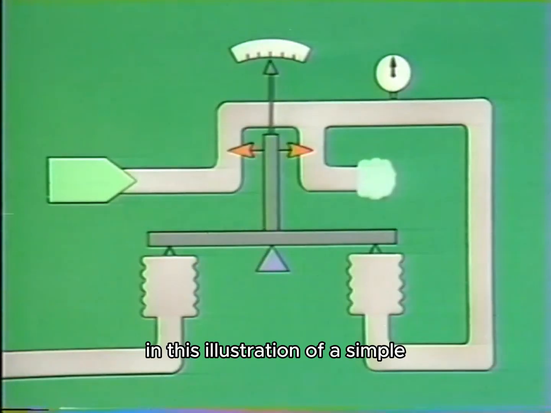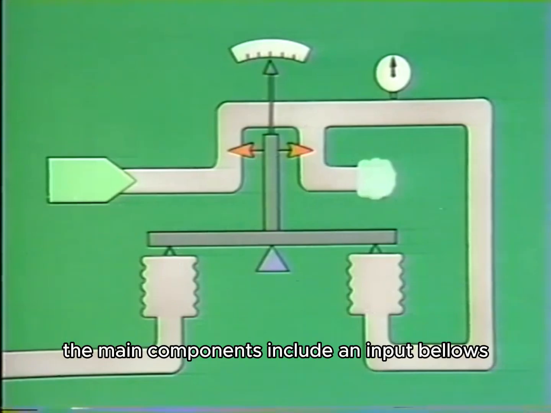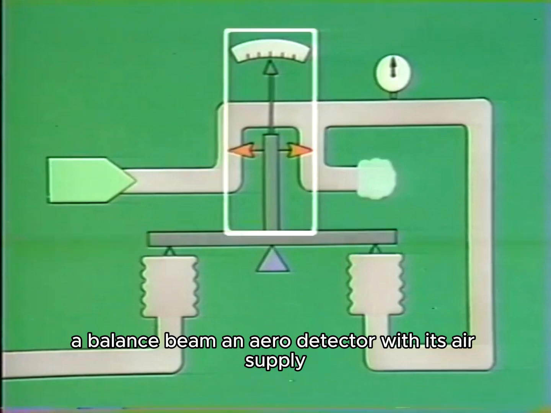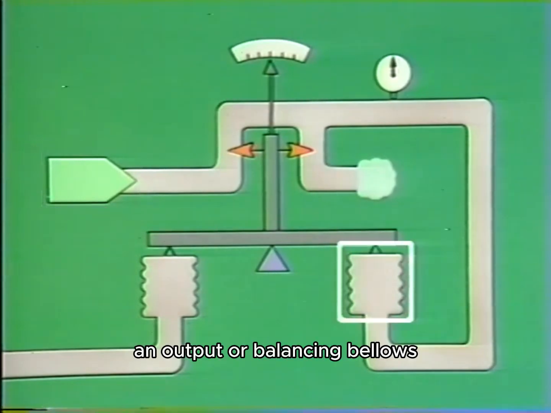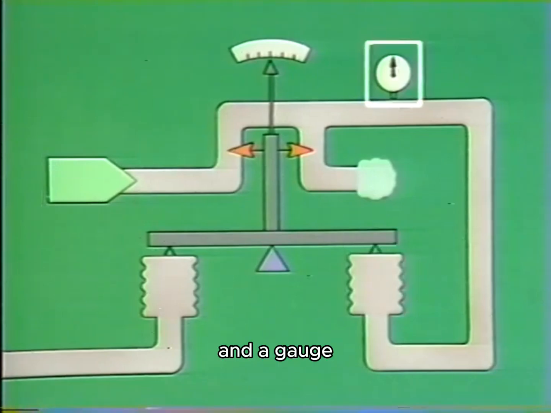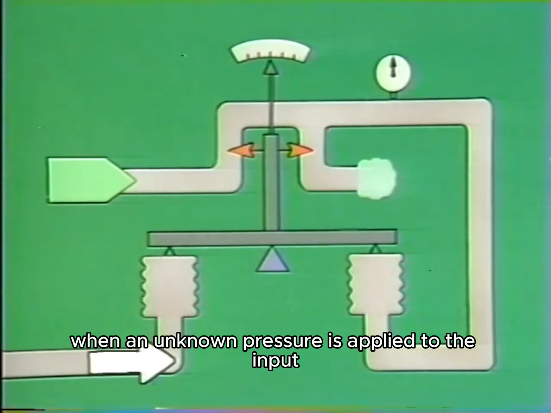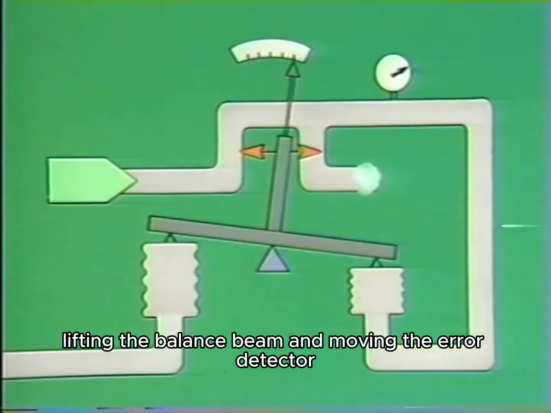Now, in this illustration of a simple self-balancing pneumatic instrument, the main components include an input bellows, a balance beam, an error detector with its air supply, an output or balancing bellows, and a gauge which indicates the amount of back pressure. When an unknown pressure is applied to the input bellows, it expands, lifting the balance beam and moving the error detector.